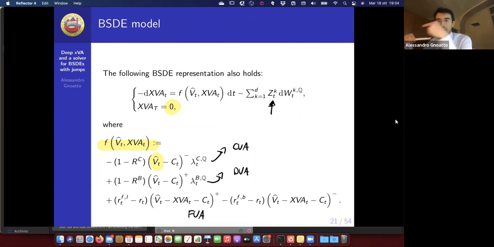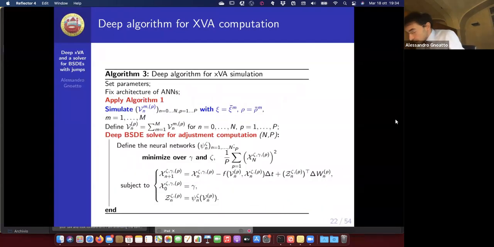This is why I say that we have a nested application of the BSDE solver, because I have the V-hat here inside. So you apply algorithm 1, which gives you the V-hats, the mark-to-market of the portfolio, and then you apply again the solver.